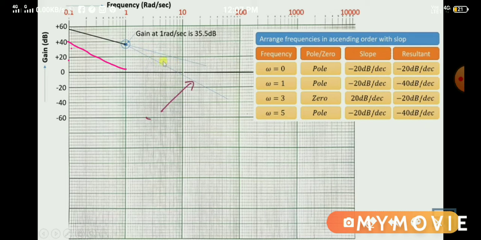For omega equals to 1 we have minus 40, so keep the scale at minus 40. Then again draw a parallel line till this point. So you can see this line.